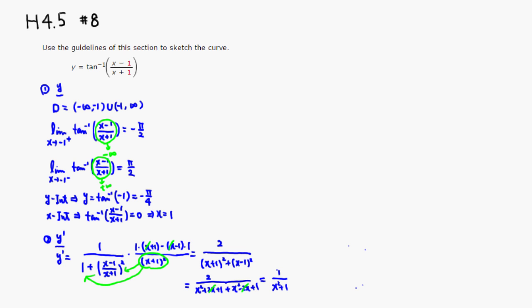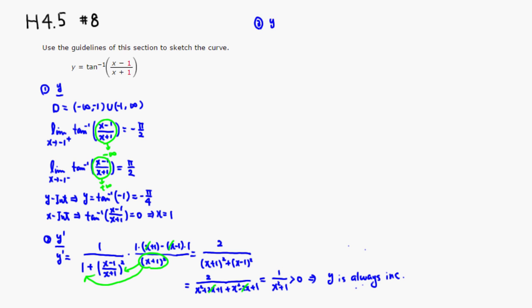Right? And this tells you that, again, this guy is always positive. So this tells us that y is always increasing. Then we can look at the second derivative.